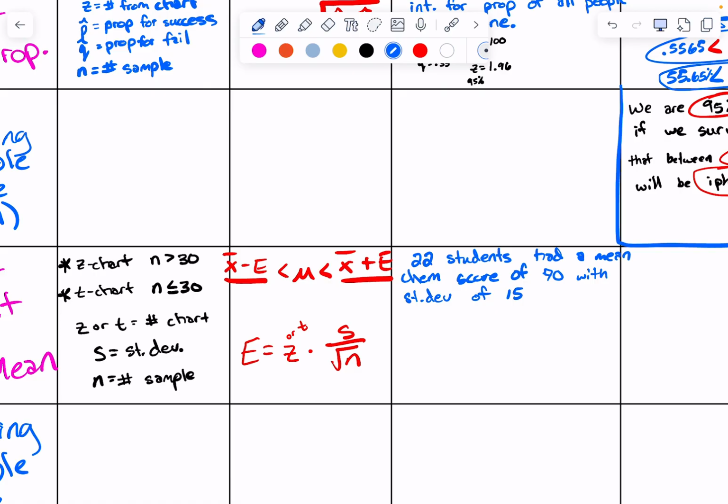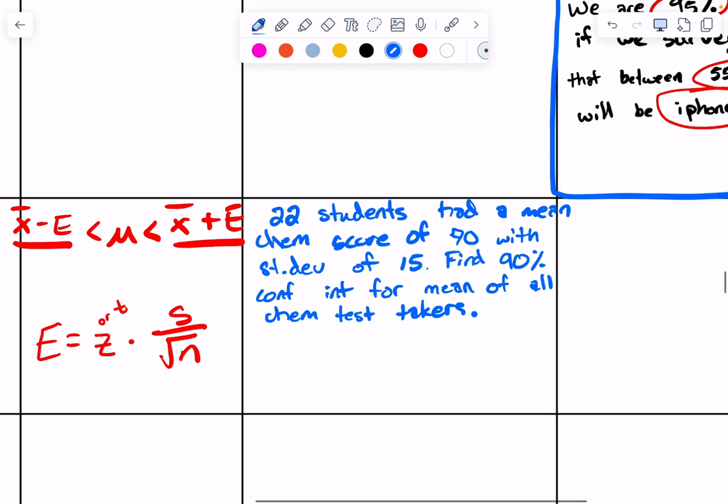Find, let's go 90% this time, a 90% confidence interval for the mean of all chem test takers.